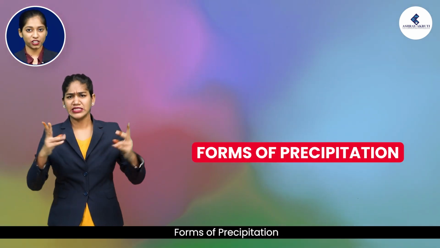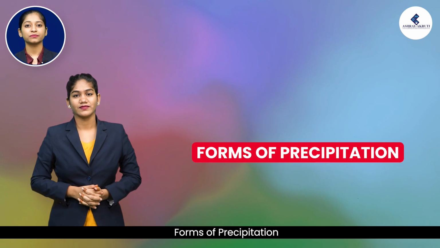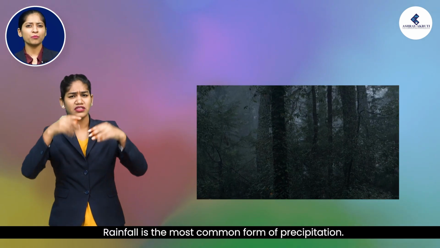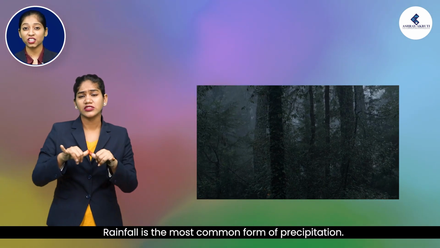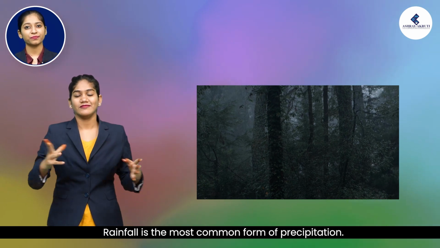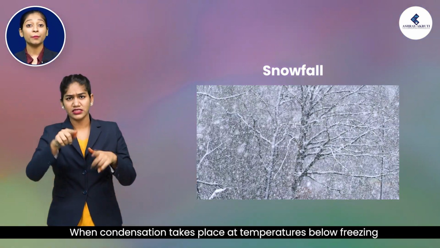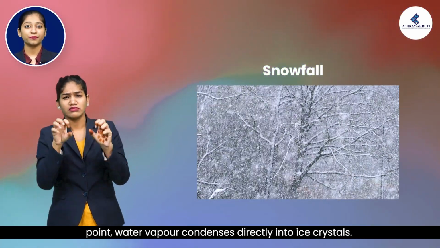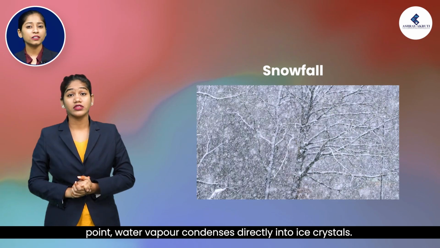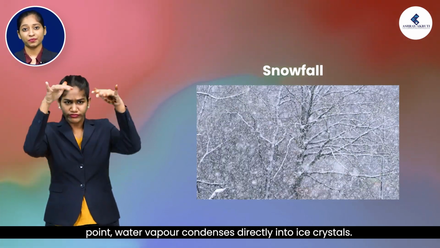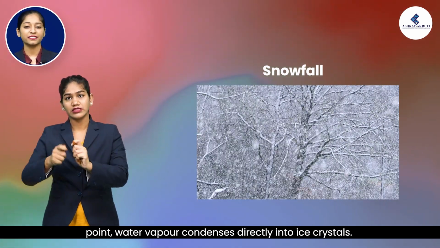Forms of precipitation. Rainfall is the most common form of precipitation. When condensation takes place at temperatures below freezing point, water vapor condenses directly into ice crystals.